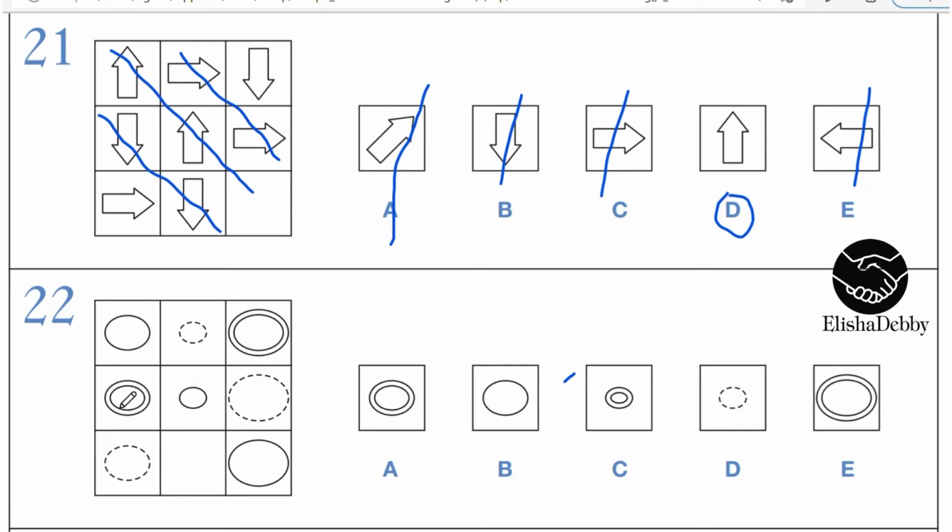Big circle ring. Is that a pattern? It shows that in each row, there is a pattern shape.